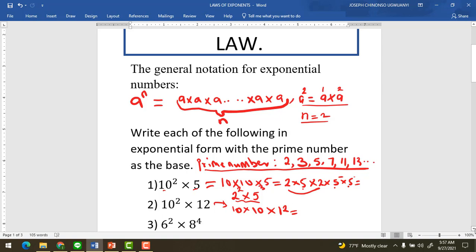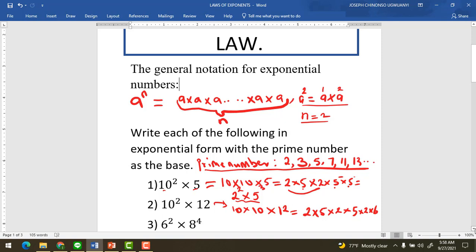So we have 2 times 5 times 2 times 5 times 2 times 6. 6 is not a prime number, so we can break it down.